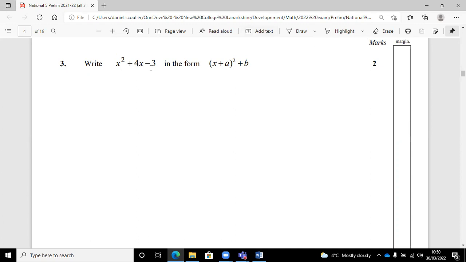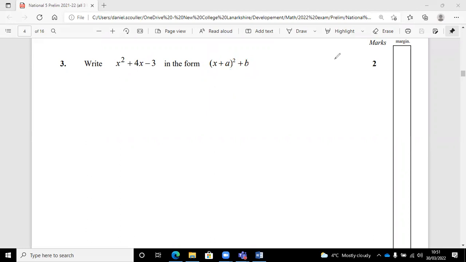So x squared plus 4x minus 3 in the form of x plus a, squared, plus b. You need to be aware and confident that that is completing the square. That x plus a number squared plus another number is completing the square. That's what they're looking for you to do there.